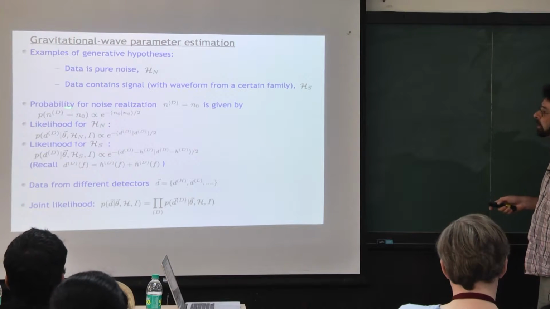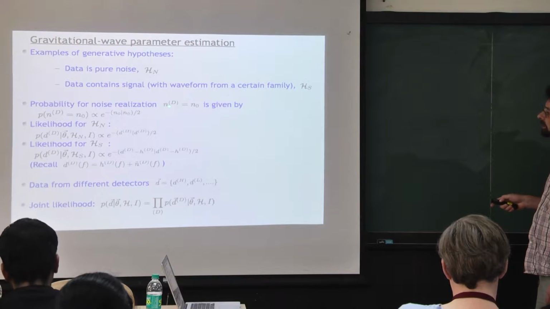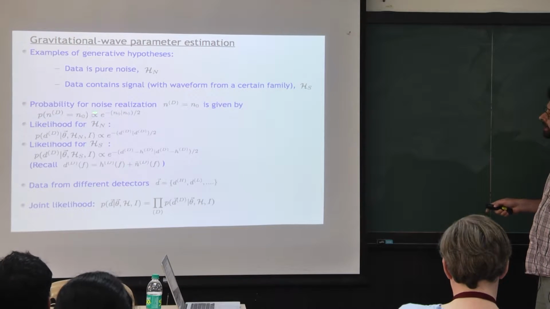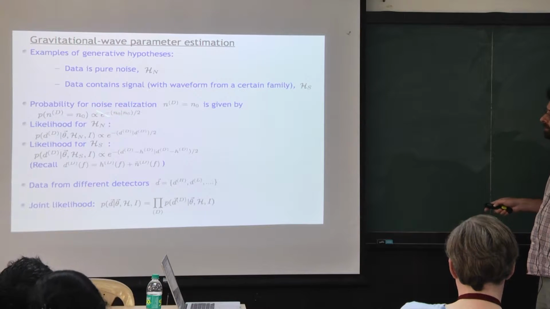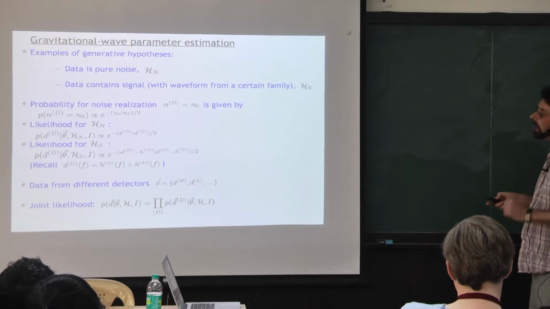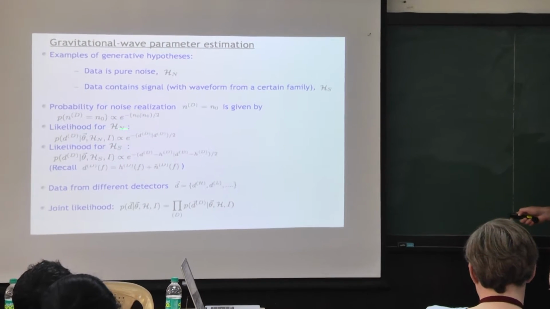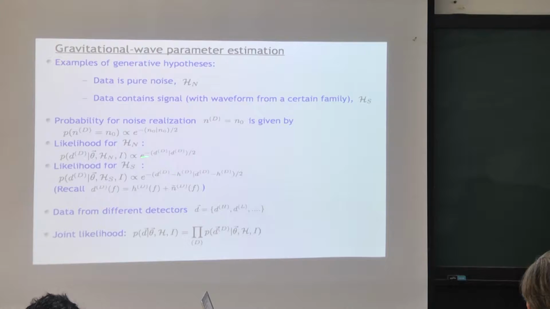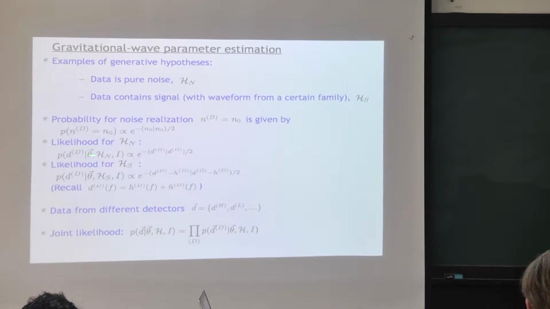So the probability for the noise realization in detector D is given by this Gaussian here in terms of this noise-weighted inner product. And then that gives us the likelihood for the hypothesis N. In this case, actually, no parameters are involved, so I should have left out the vector theta, and this is simply what you get.